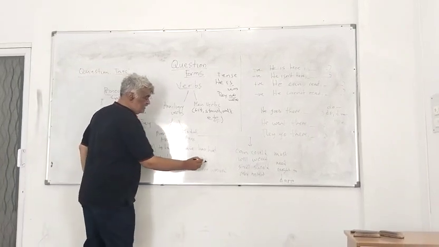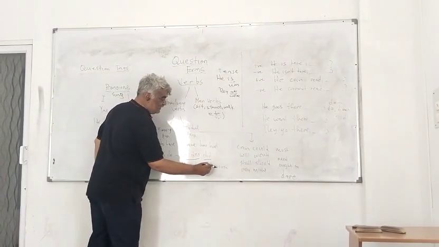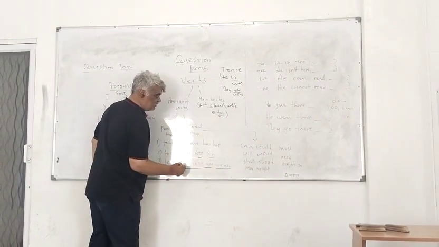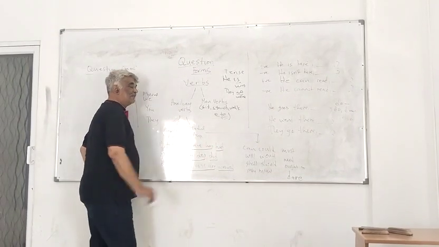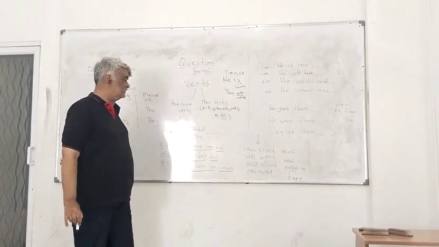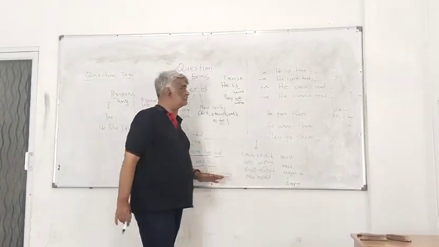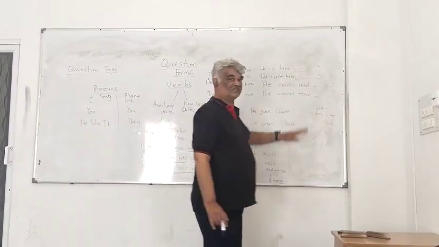Similarly, did is past tense, do and does are present tense. Was and were are past tense, are and is and am are present tense. Had is past tense, have and has are present tense. Right? So these have tenses, right? The primary auxiliaries.